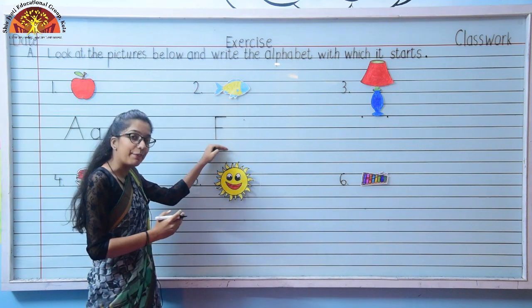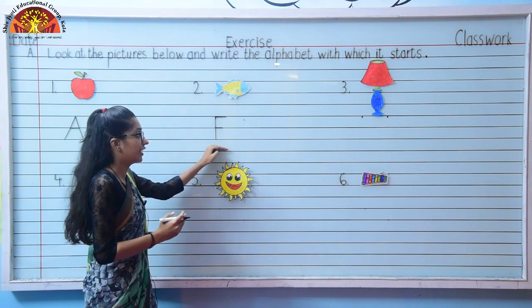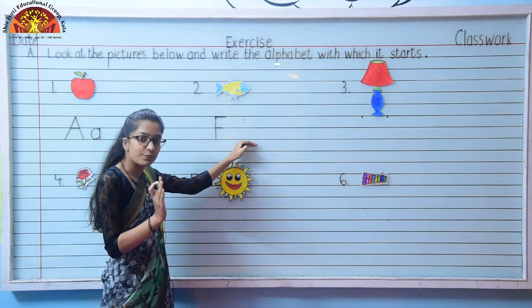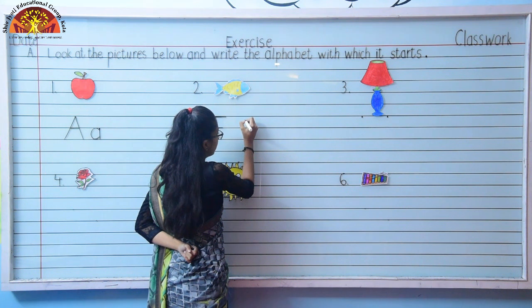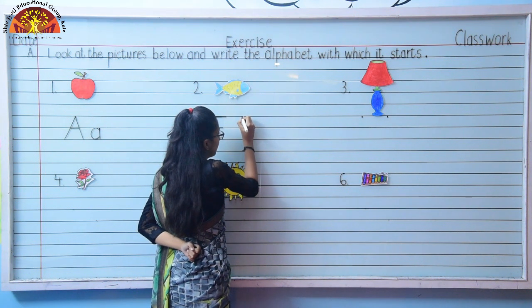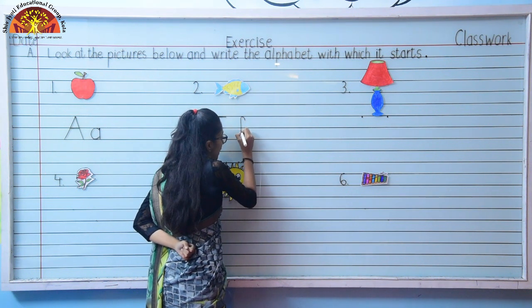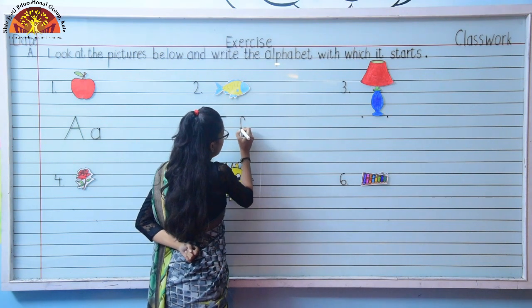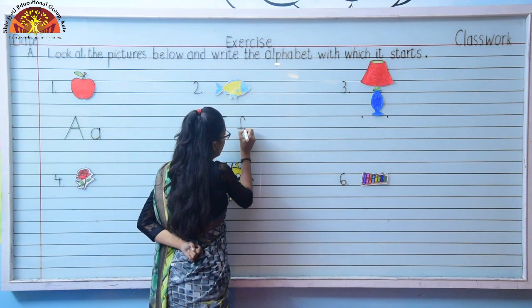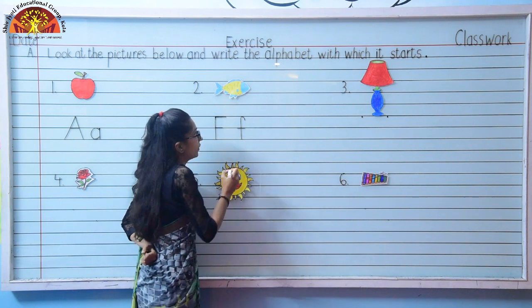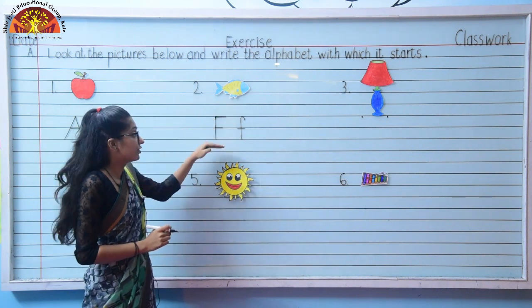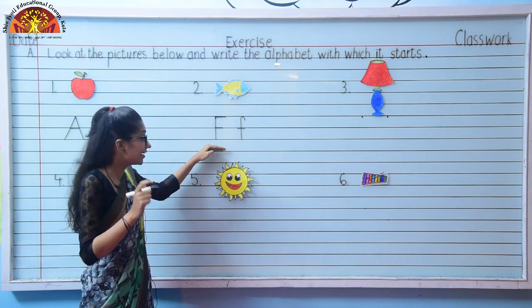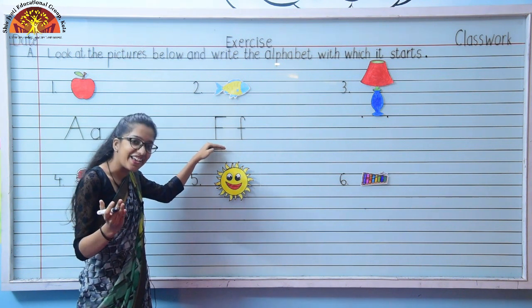This is capital letter F. Now here we have to write small letter F. So we have to start from here like this. Then standing line. Then one sleeping line on it. This is fish, so we have to write here the first letter, that is letter F.